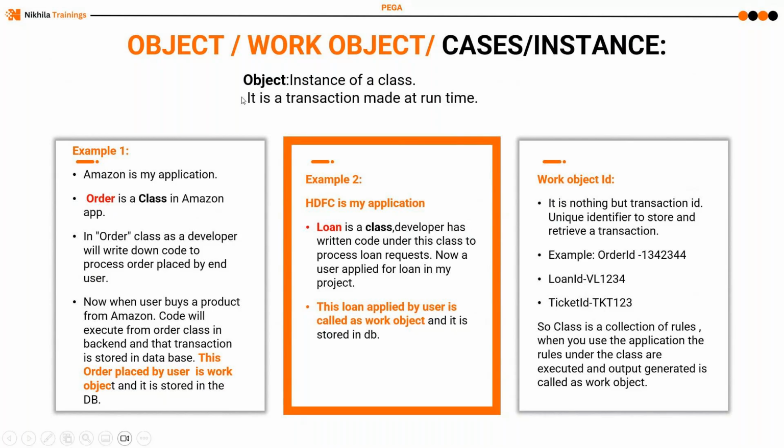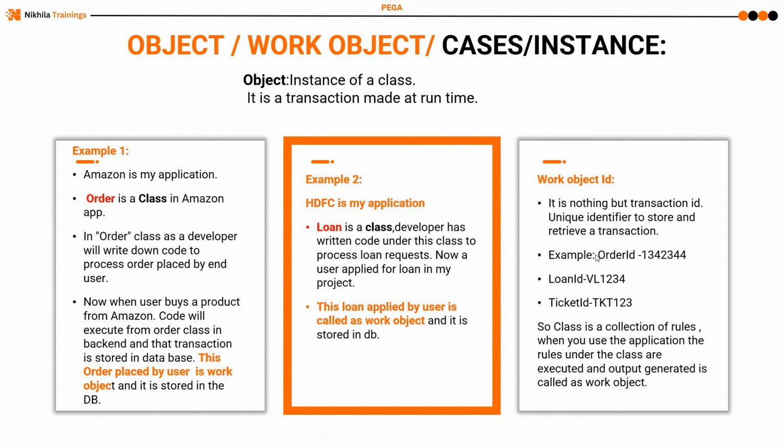Now similarly, you go to the HDFC application. You apply for a loan. Now you will get the loan number, loan amount and so on, and you can check the status of the loan. So loan is a work object. Now go to any other UPI app, maybe Google Pay, PhonePe, and you make a fund transfer.